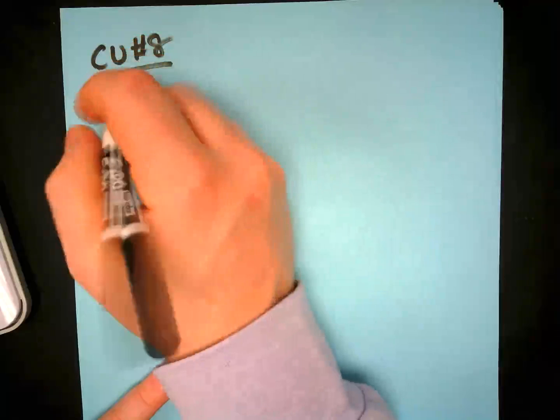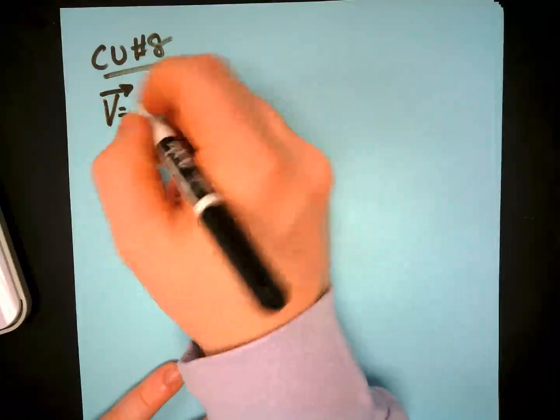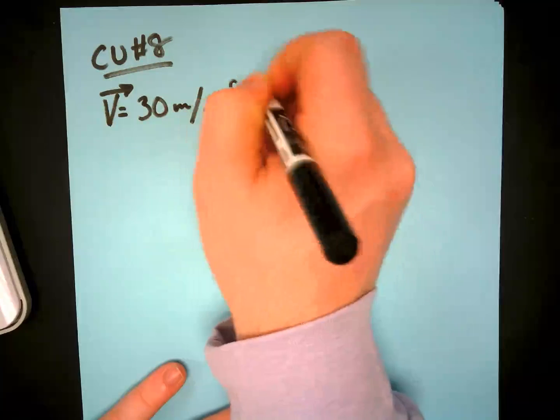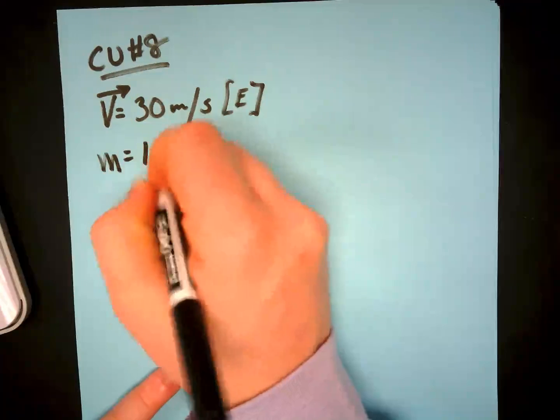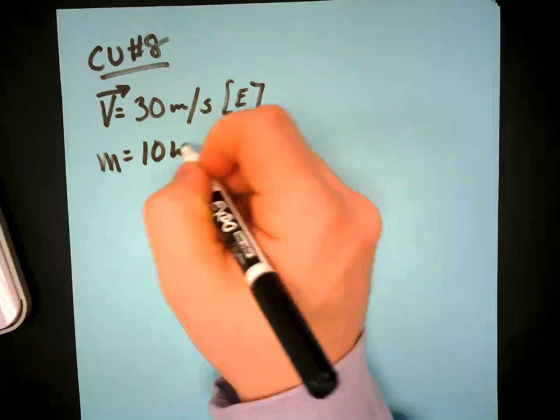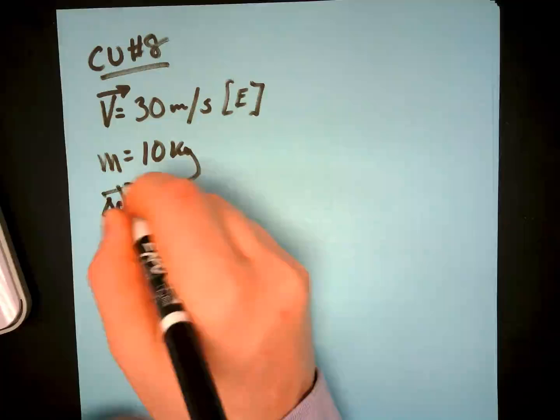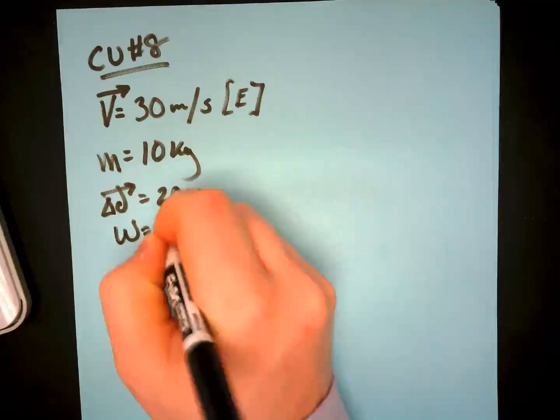Okay, so let's see what we got here. We've got velocity, constant velocity at that, moving east. And you've got this box here that has a mass of 10 kilograms. Okay, it's on your shoulder. And you walk 20 meters. How much work is being done?